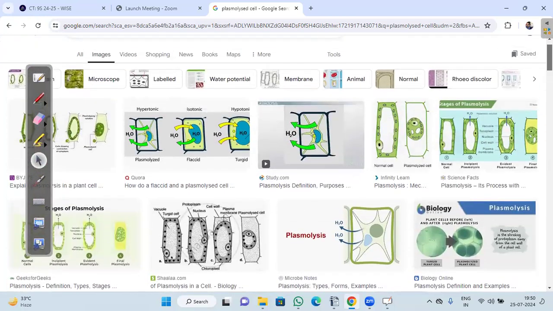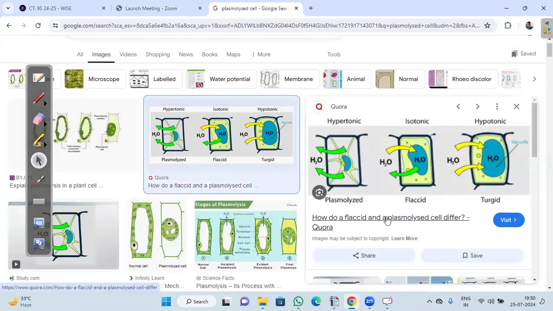Sir, what are the pores called which the cell wall has? The cell wall is just a cellulose molecule. Sir, are there any pores in the cell wall which allow the movement of particles? No, they are not pores. That is why it is called a cell wall. There are no pores over there.